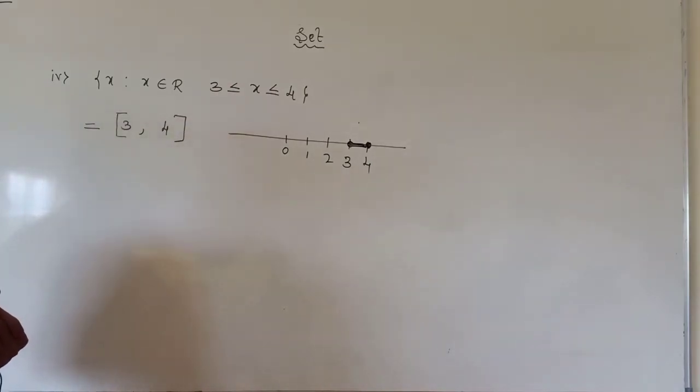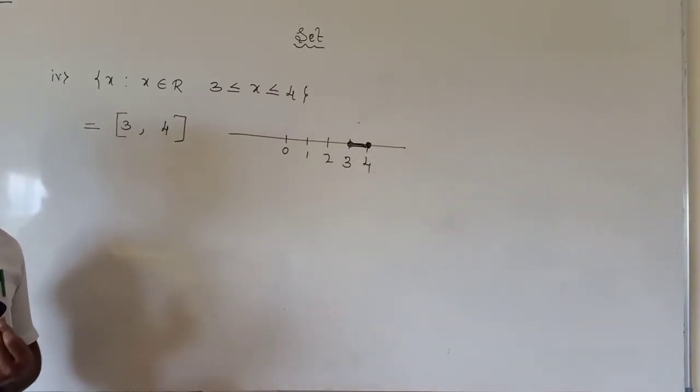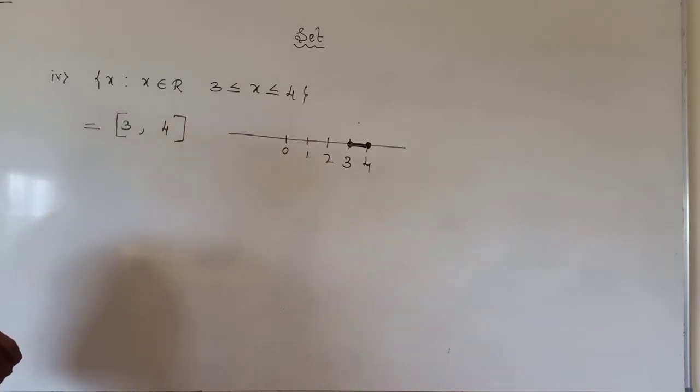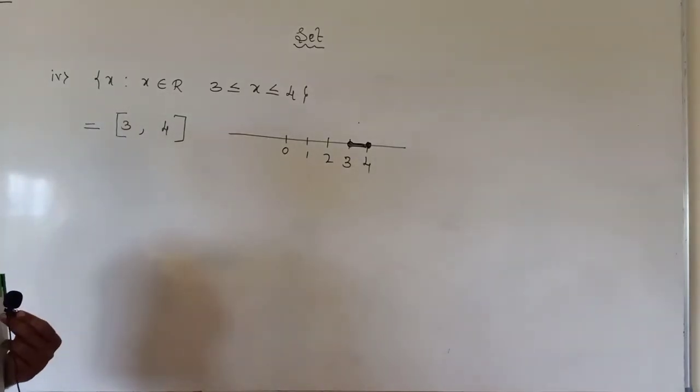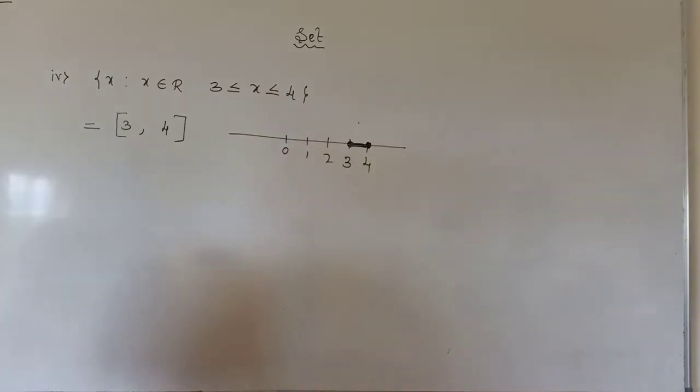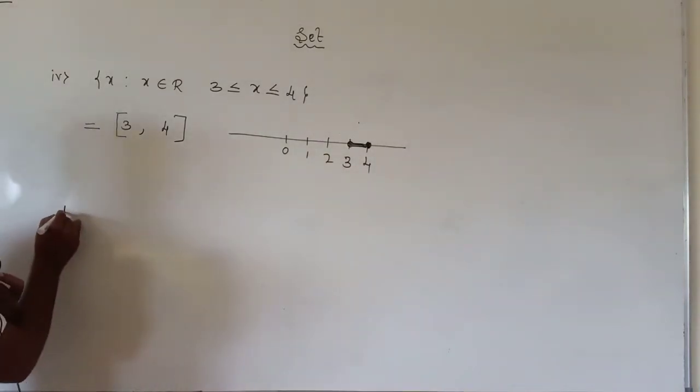So next, we have completed all the intervals: open, closed, closed open, open interval and closed interval. So let me take some examples regarding this. I will give you some examples as homework, so you have to do them. Let me take the first example as homework.